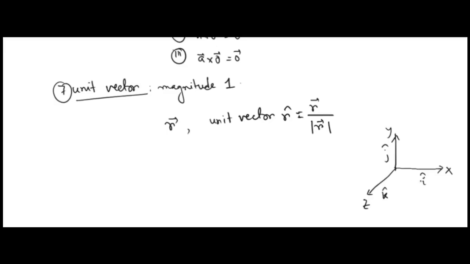And i cap, j cap and k cap are orthogonal unit vectors because they are perpendicular to each other. And modulus of i cap equals modulus of j cap equals modulus of k cap equals 1.